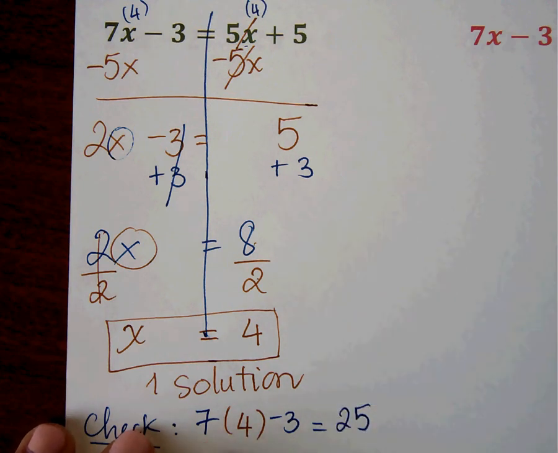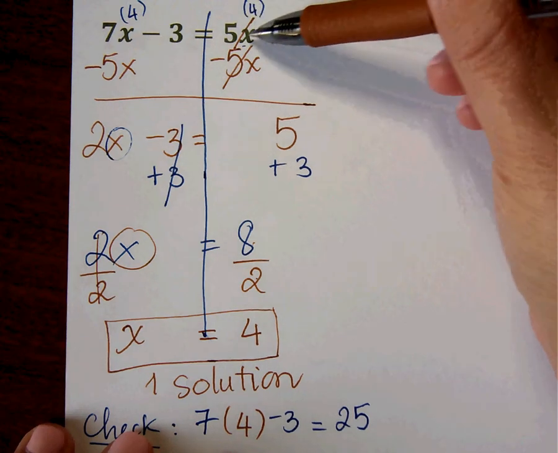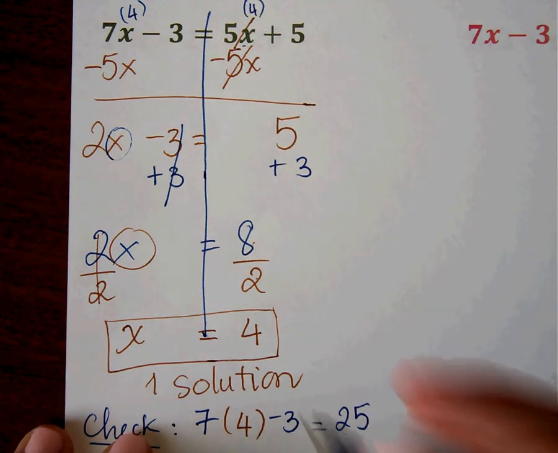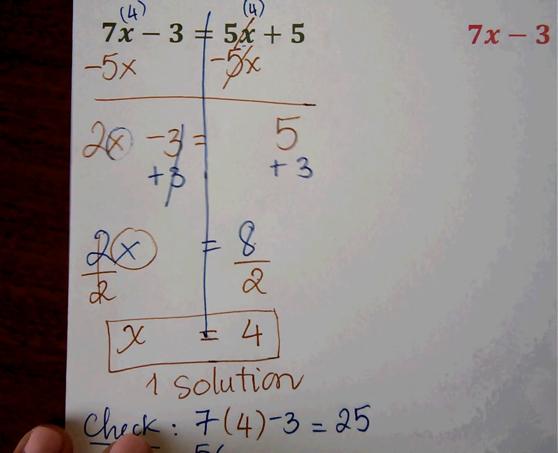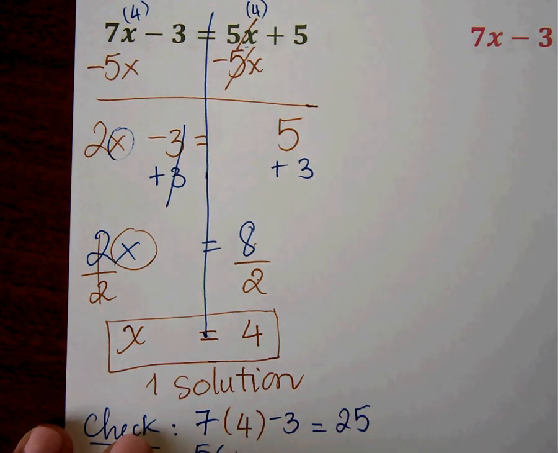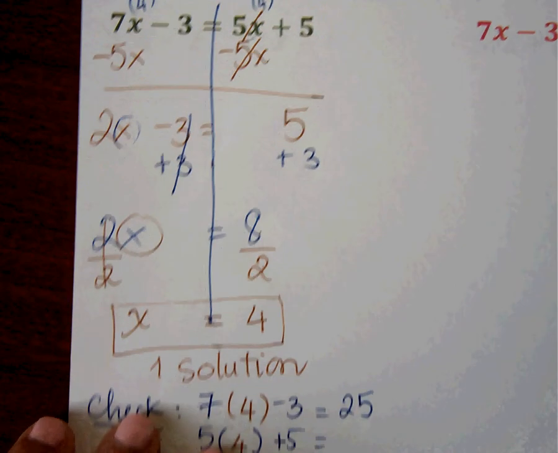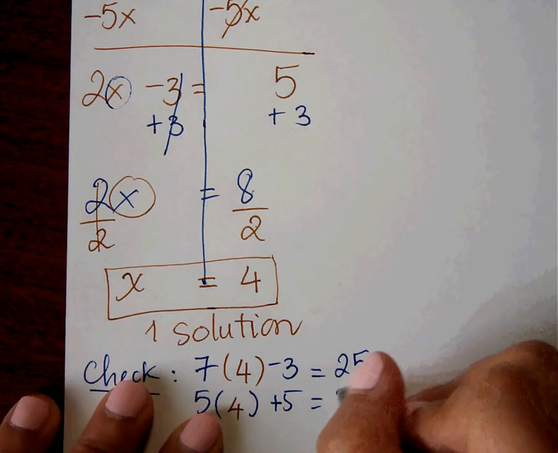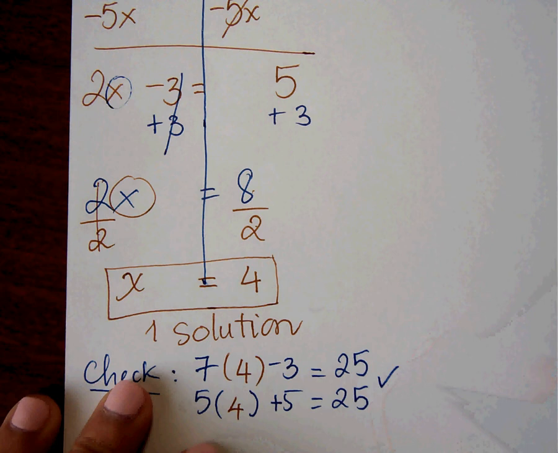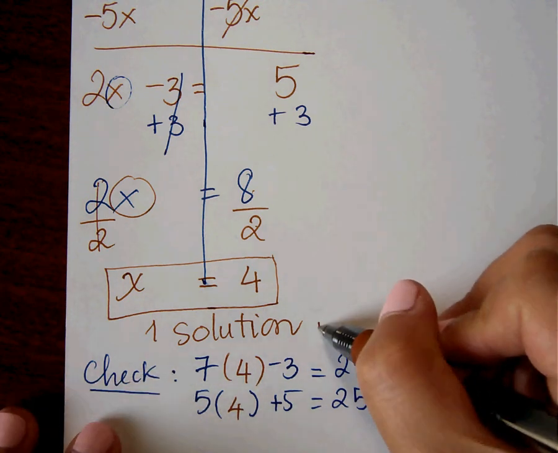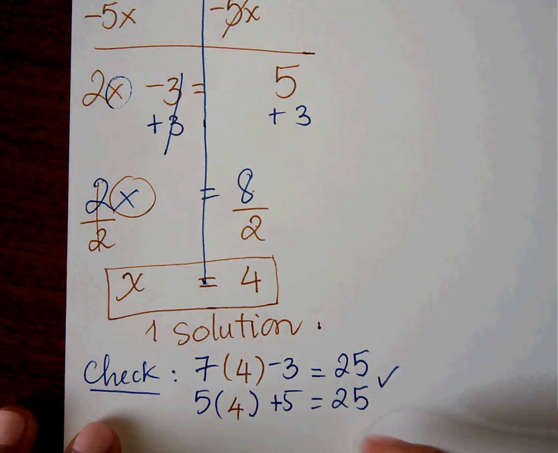Okay, let's check the right side to see if it's true. 5 times 4 plus 5. 5 times 4 is 20 plus 5 is 25. So these two are equal to one another, so therefore we have one solution, and x equals 4 makes the statement true.